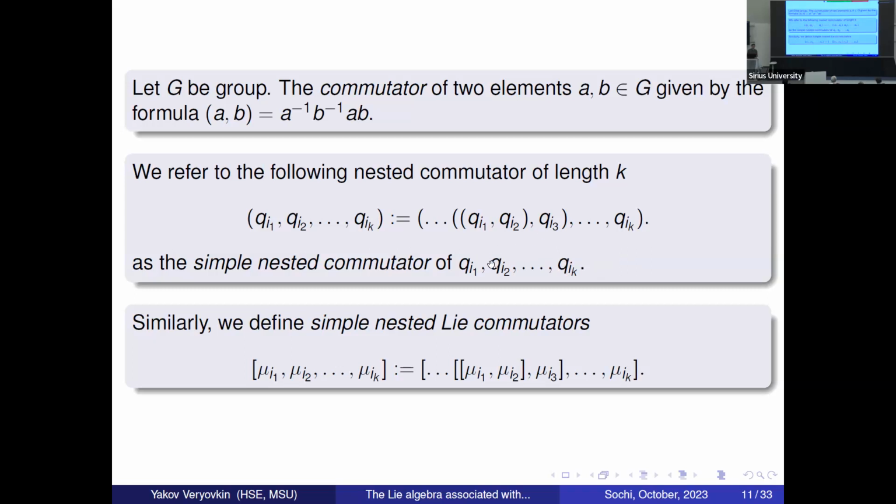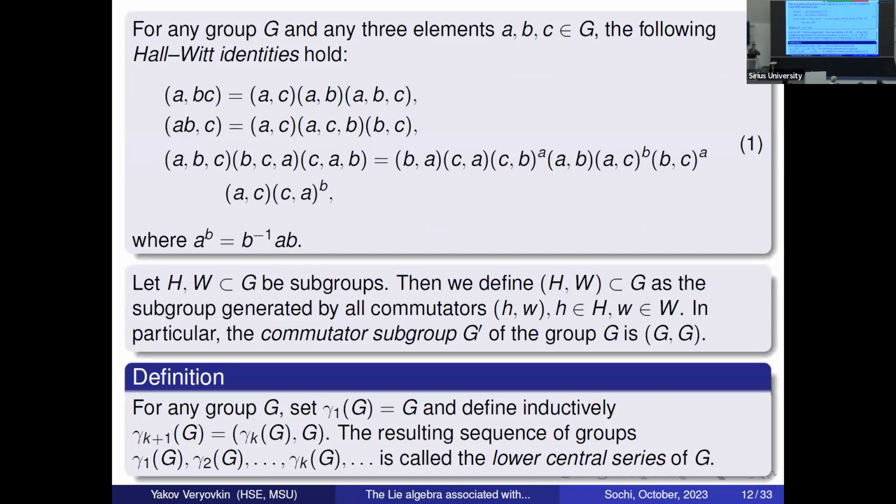Similarly, we define simple nested Lie commutators like this. Okay. For any group G and any three elements a, b, c from G, the following Hall-Witt identities hold like this, where a^b is the conjugation of a by b.